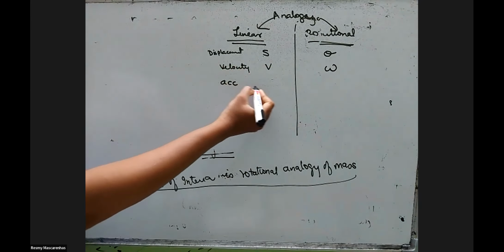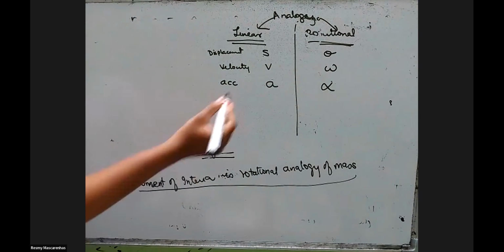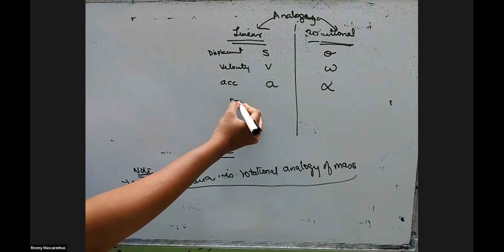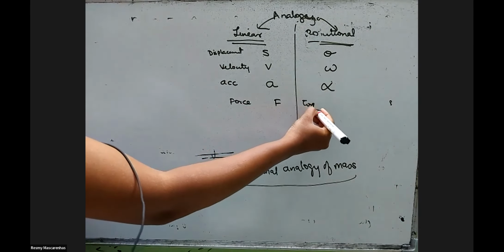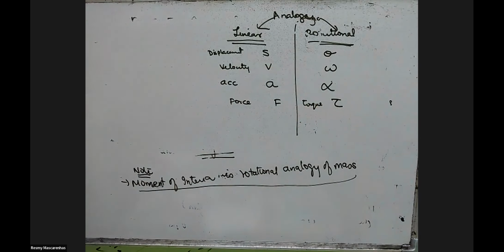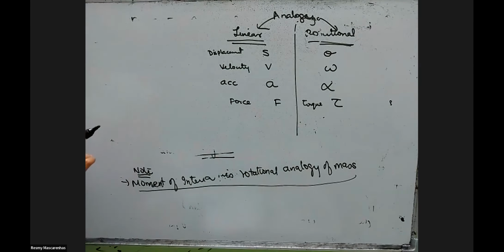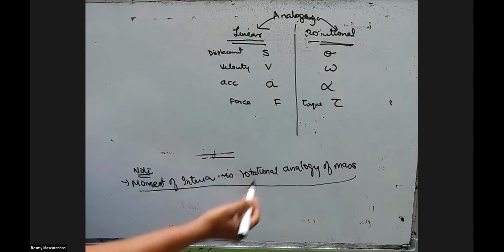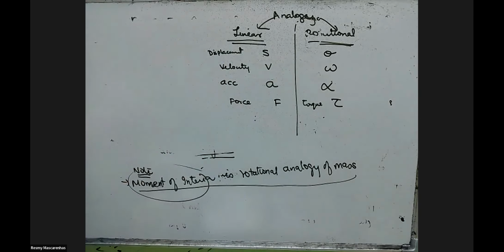For acceleration we use a; here we use alpha. In order to produce acceleration, we use force F; here we use torque, that is tau. So the same thing is what they are trying to say. Till here, this is the analogy. Now we'll see what is moment of inertia over here and what is the relation.